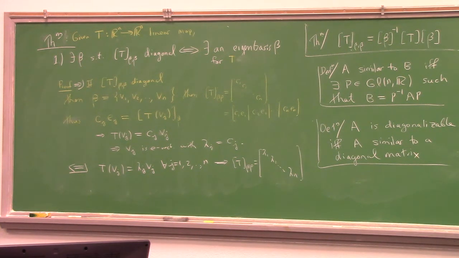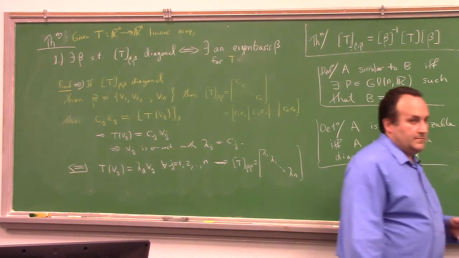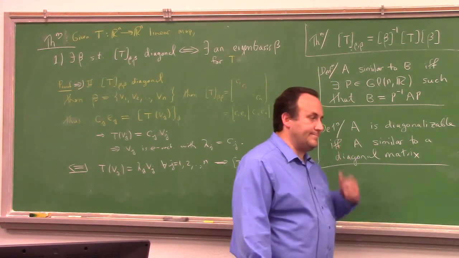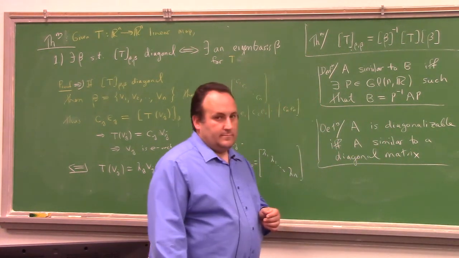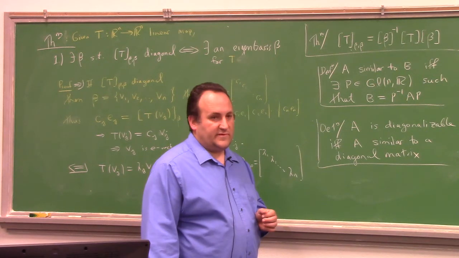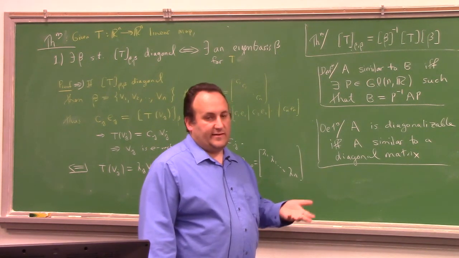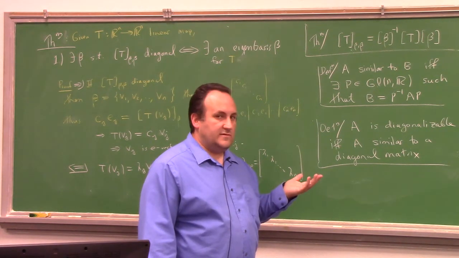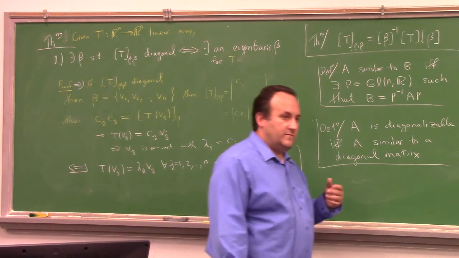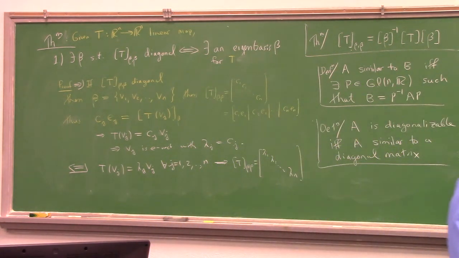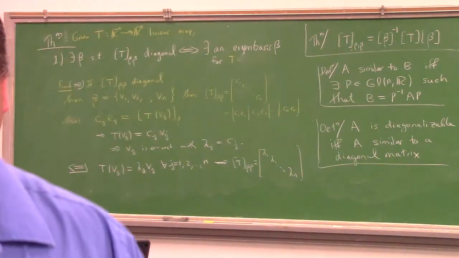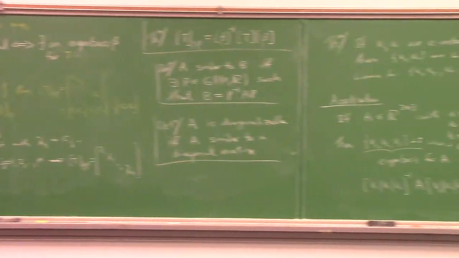That's the calculation. This is how it works. So to diagonalize a matrix, all I have to do is calculate the eigenvalues, find the eigenvectors, and do this similarity transformation, and there it is.